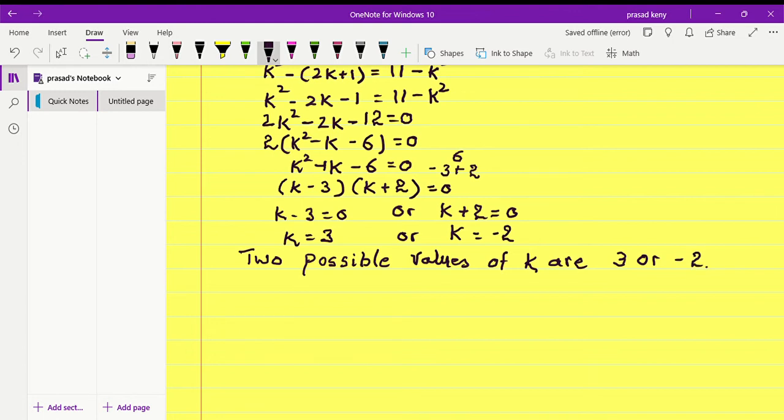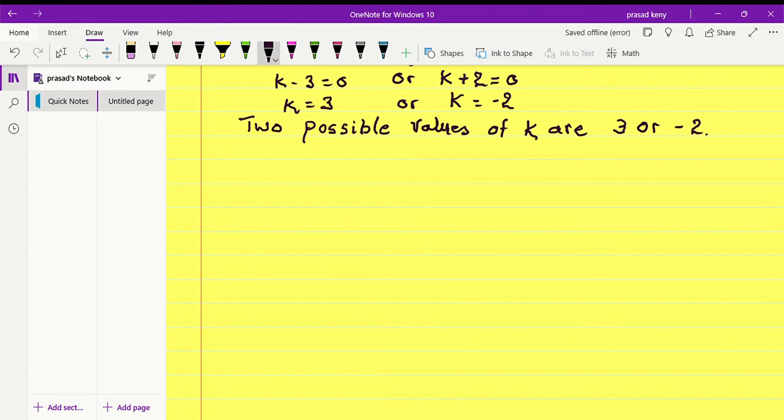Let us see the second problem here, past paper type. So this is the second question here.